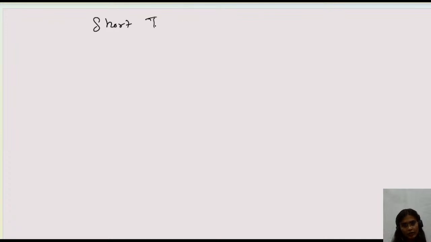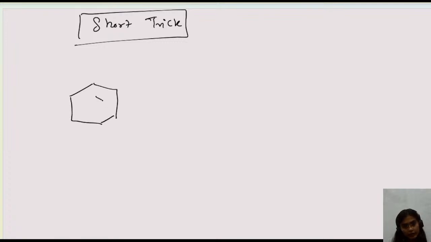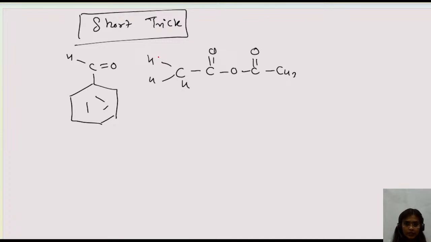So what is the short trick for the Perkin reaction? This is the carbon with a double bond. This is benzaldehyde, and this is the anhydride, CH3CO-O-CO-CH3. This is how they combine. The water molecule is simply removed, and what we get is a kind of ester.